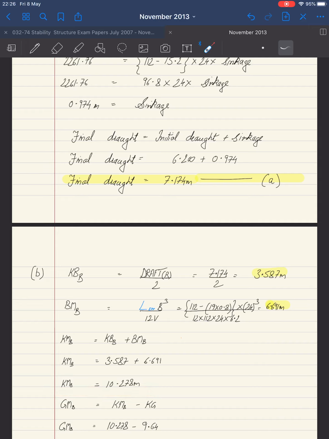Once we know our KM and we subtract the KG of the vessel, we'll get GM of the vessel. If the KM is in bilged condition, then the GM we get will be in bilged condition, because in the entire bilging question, we assume the KG to be constant.